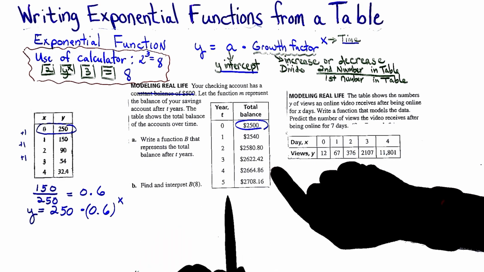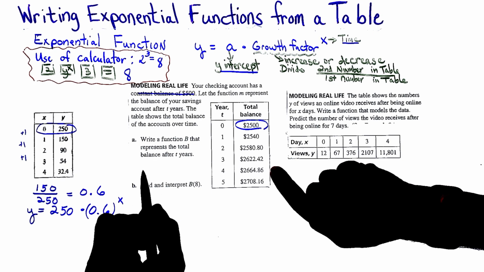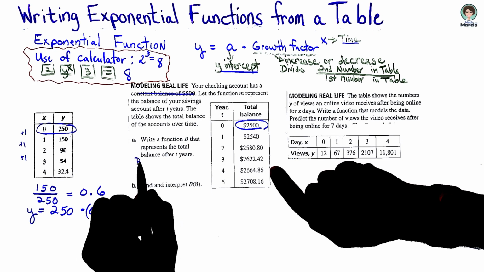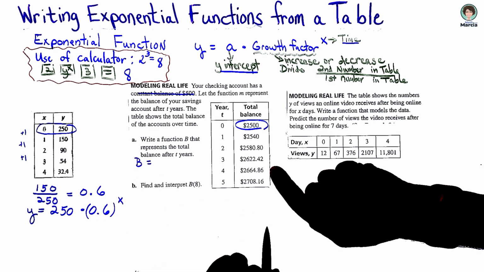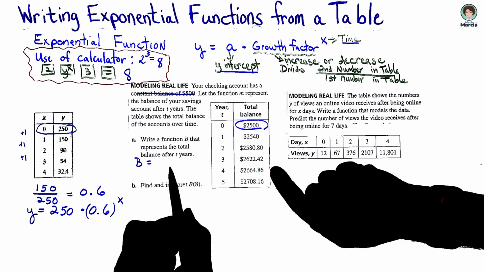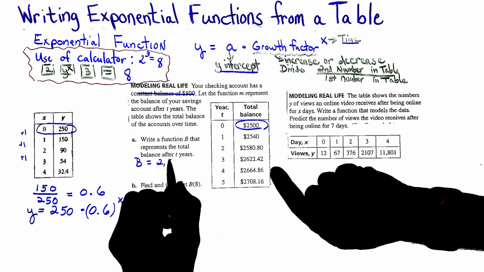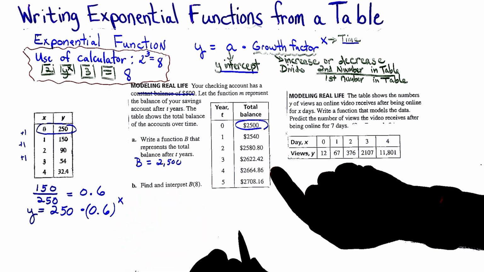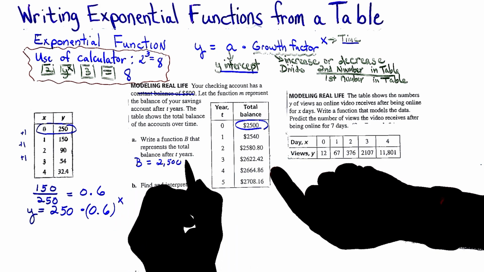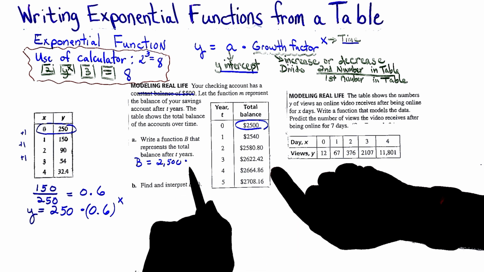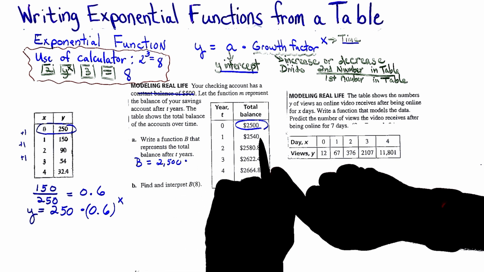So we are going to write capital B is equal to, remember, you start off with 2,500. And we are going to multiply that by the answer to our division problem.